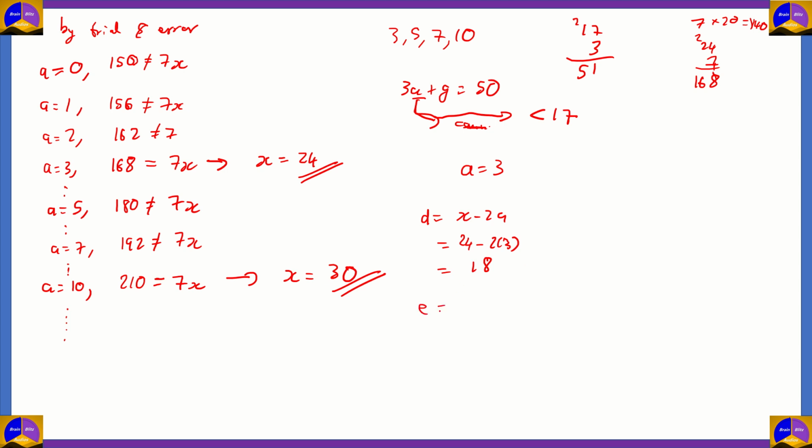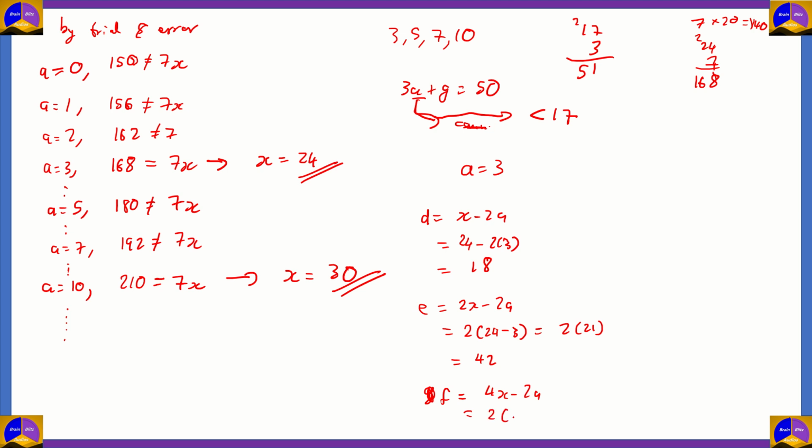Similarly, for E, the value would be equal to 2x minus 2a. So basically, 2 times 24 minus 3, which is 2 times 21, which is equal to 42. And for F, it will be equal to 4x minus 2a.